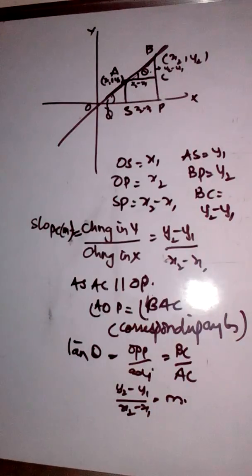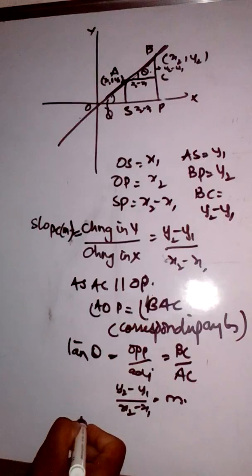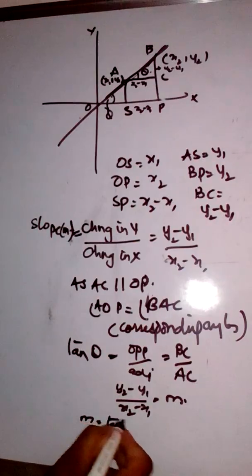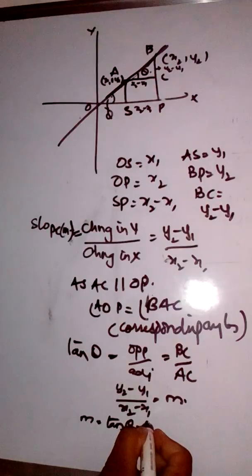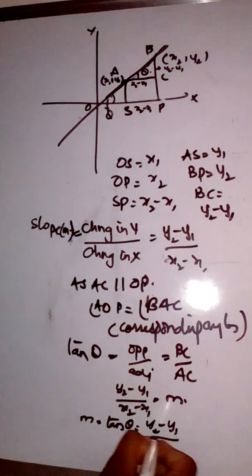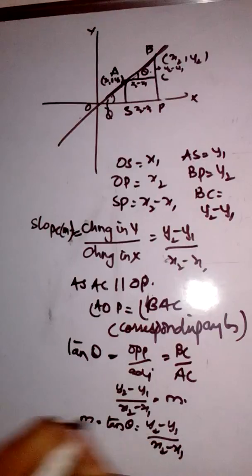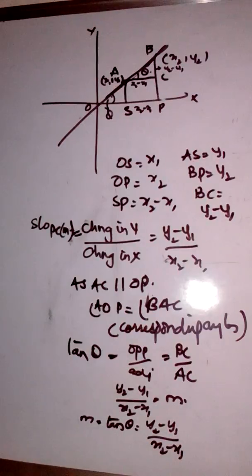So with this we can say that m is equal to tan theta, which is equal to y2 minus y1 by x2 minus x1.